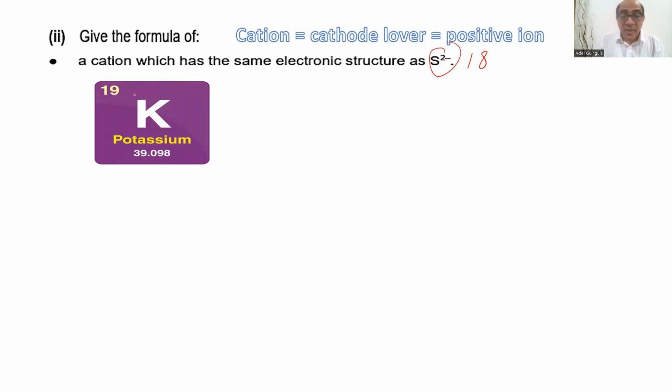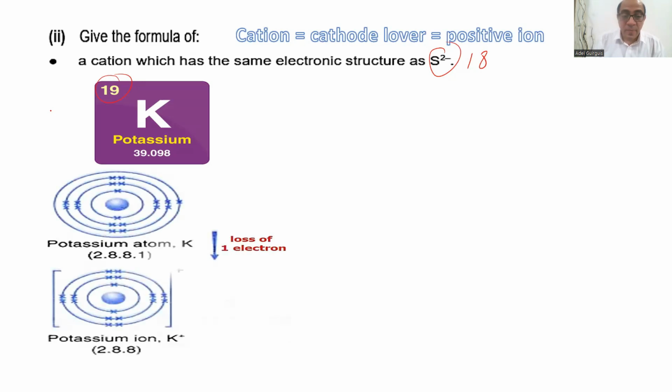Like potassium, which has atomic number 19. When losing 1 electron during chemical reaction, it loses the outermost electron, so it becomes 2, 8, 8 instead of 2, 8, 8, 1. The 1 is lost, so it becomes 2, 8, 8.